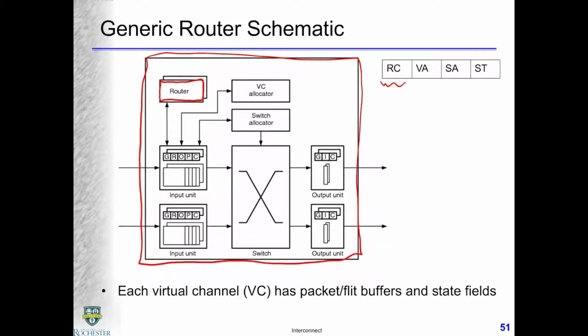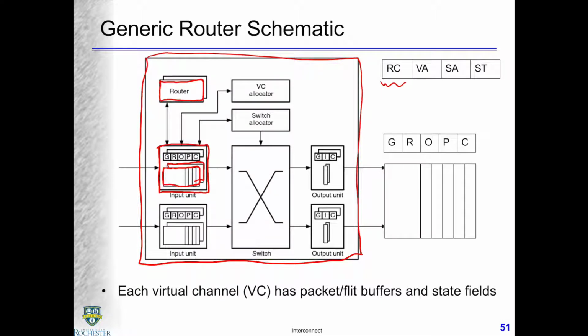If you wish, you can call it a routing table, which kind of implies that it's a table-based routing algorithm. That's not necessarily the only way to do things. So anyway, you have the route computation, and then you have the buffers for each virtual channel within a single physical channel, and you have metadata to keep track of what they want.